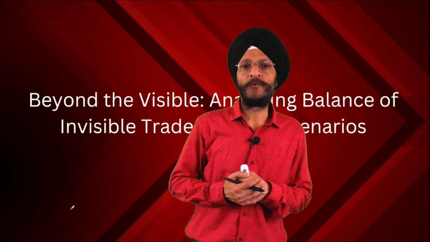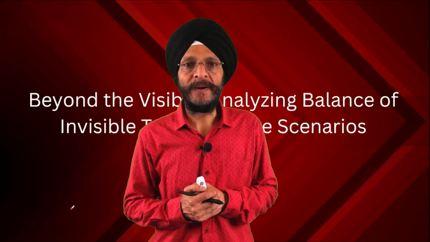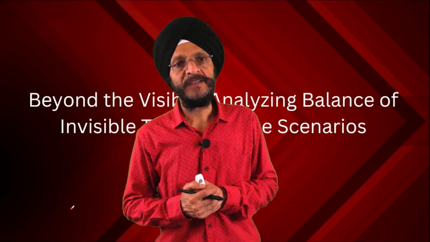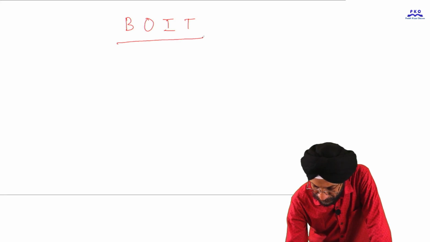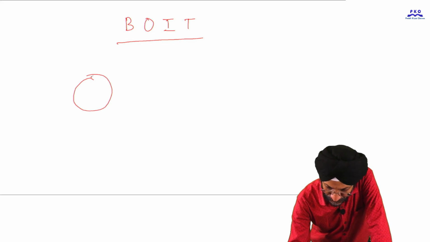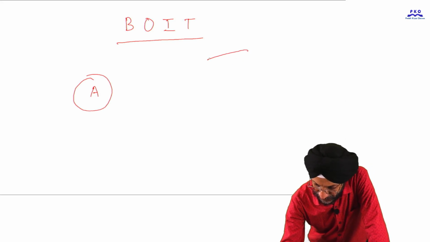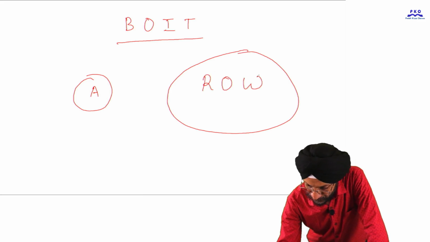Now the topic before us is beyond the visible: analyzing balance of invisible trade in three scenarios. Here we are going to discuss balance of invisible trade. Suppose this is our country and this is the rest of world.